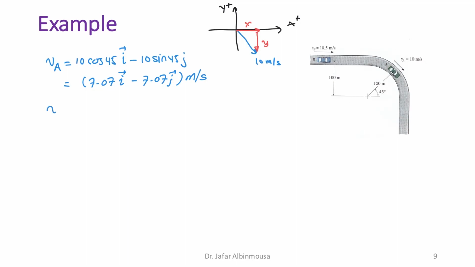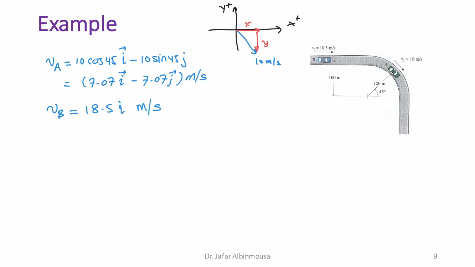Now v_B, since it's moving in a straight line to the right, is going to be 18.5 i meters per second.